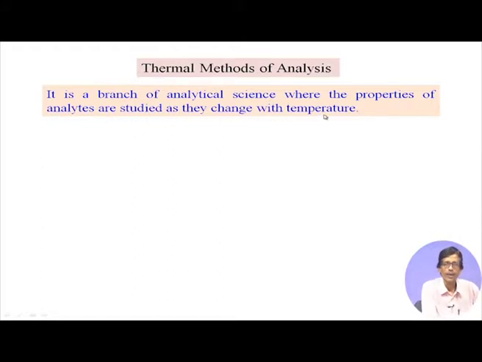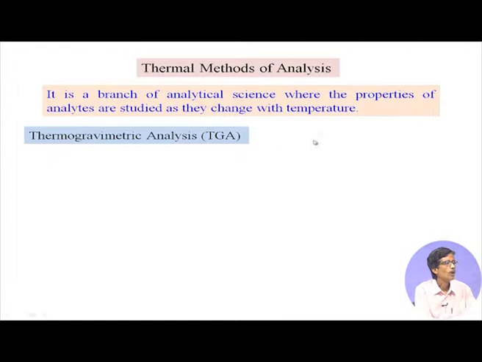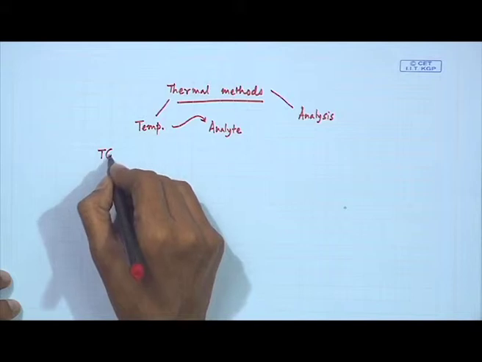If we find that some property changes with temperature, that means a certain material is stable say up to 100 degrees centigrade, but it changes above 100 degrees centigrade. So, the reaction happening at that particular temperature or the transformed product we can see from this sort of analysis. One such example is thermogravimetric analysis or thermal gravimetric analysis, abbreviated as TGA.